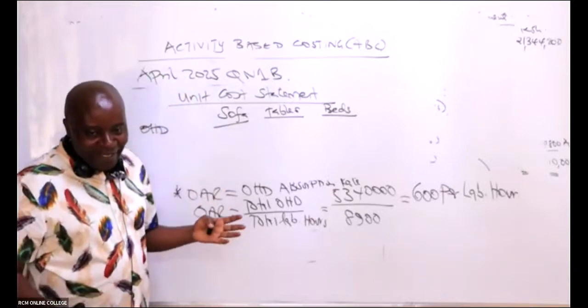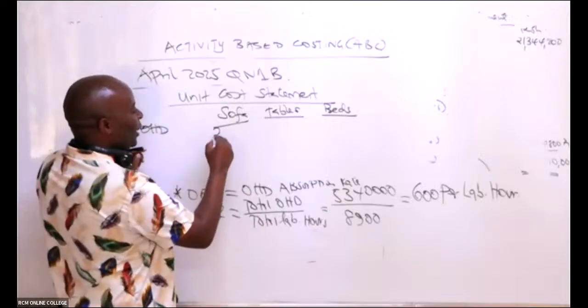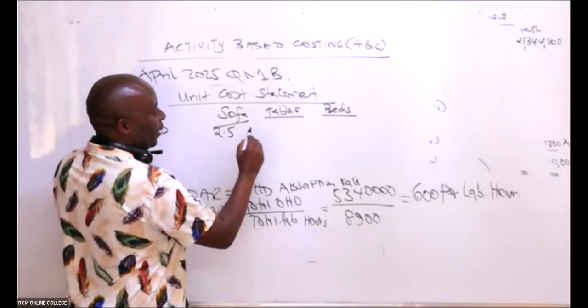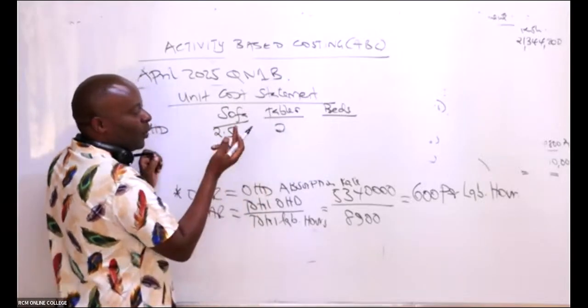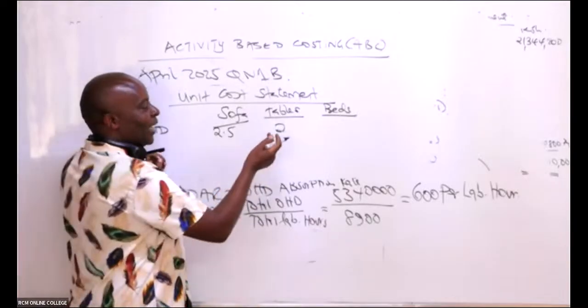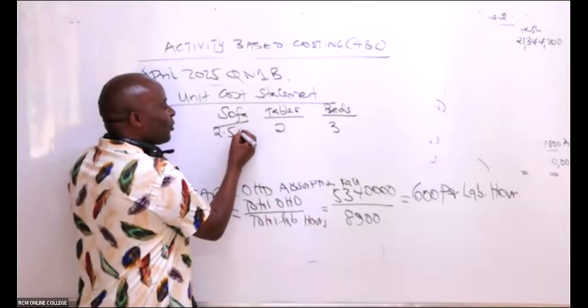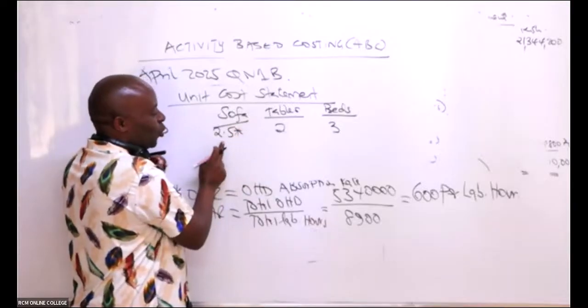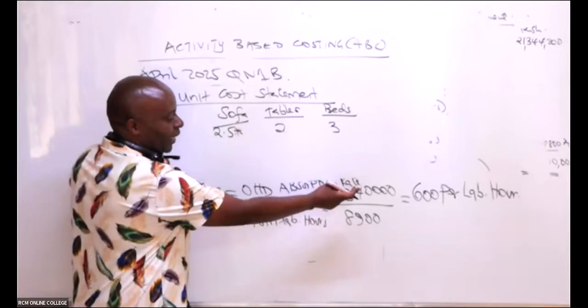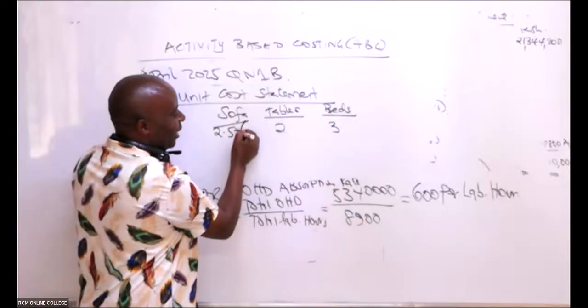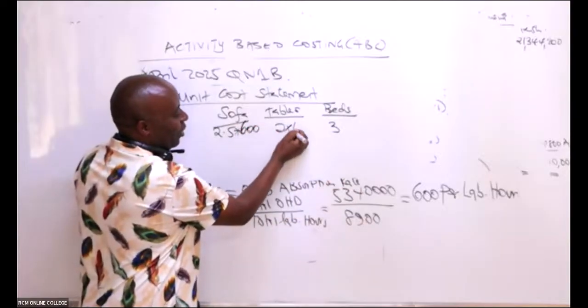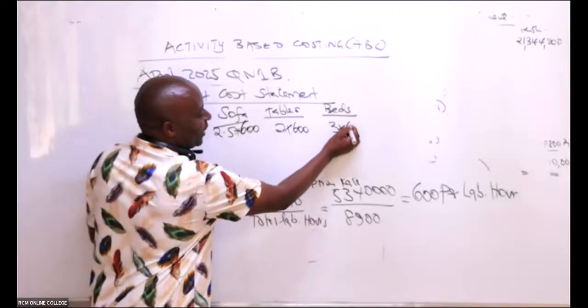It's given there, 2.5. Tables, you told me we need 2 hours to make one table. And then beds, how many? 3 hours. Do we know how much in terms of overhead it will cost us per hour? Yeah, 600.